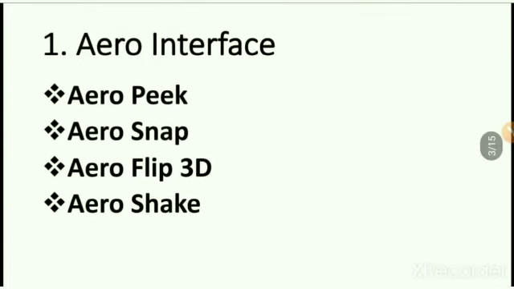The first feature is Aero interface. Windows 7 provides an Aero interface which has simplified the way we work with Windows. Some of the features include Aero Peek, Aero Snap, Aero Shake and Aero Flip 3D.